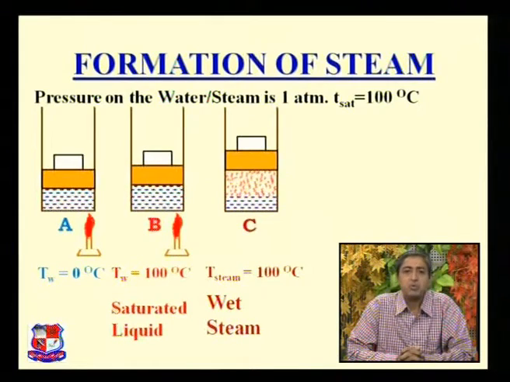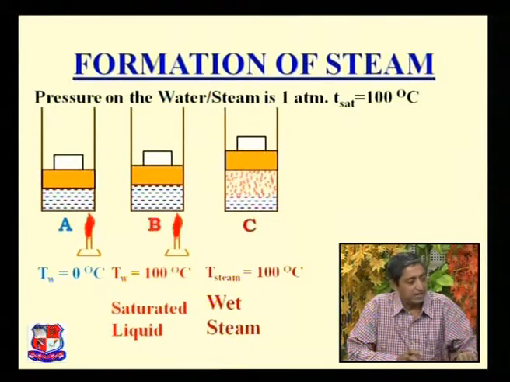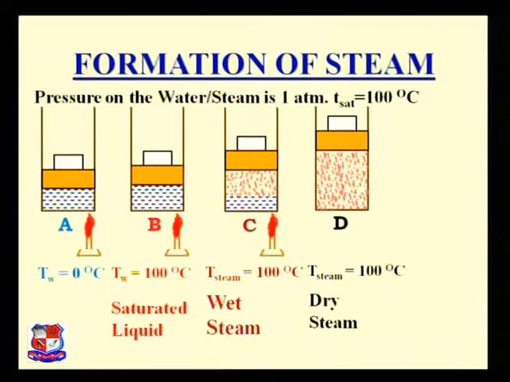Yet we want to convert 100% water into 100% steam, and therefore when we supply the heat again, state D is reached where 100% water is converted into steam, and that steam is known as the dry steam, and at point D also the temperature of steam is the saturation temperature, that is 100 degree Celsius.